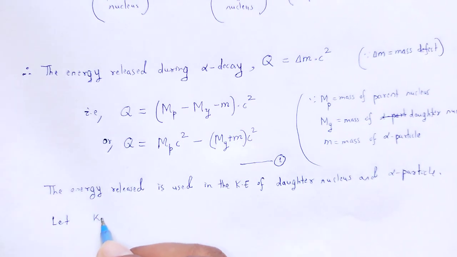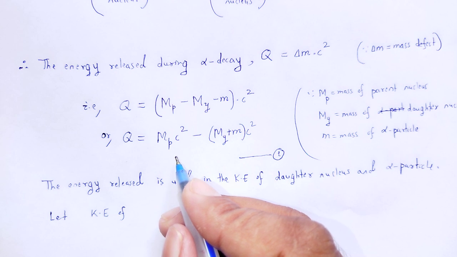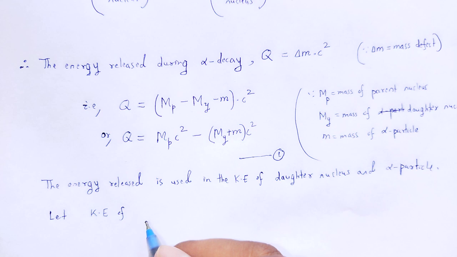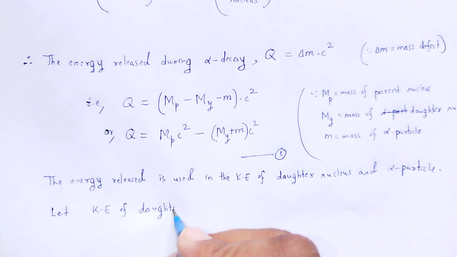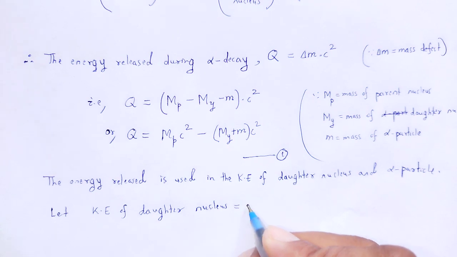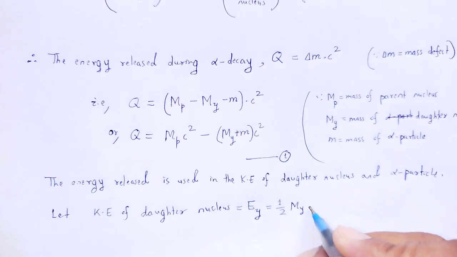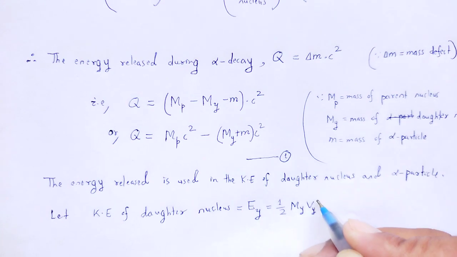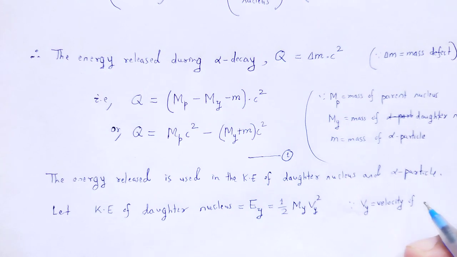Let the kinetic energy of the daughter nucleus be Ey, that is half mass of daughter nucleus My and velocity of daughter nucleus capital Vy square, where Vy stands for velocity of daughter nucleus.